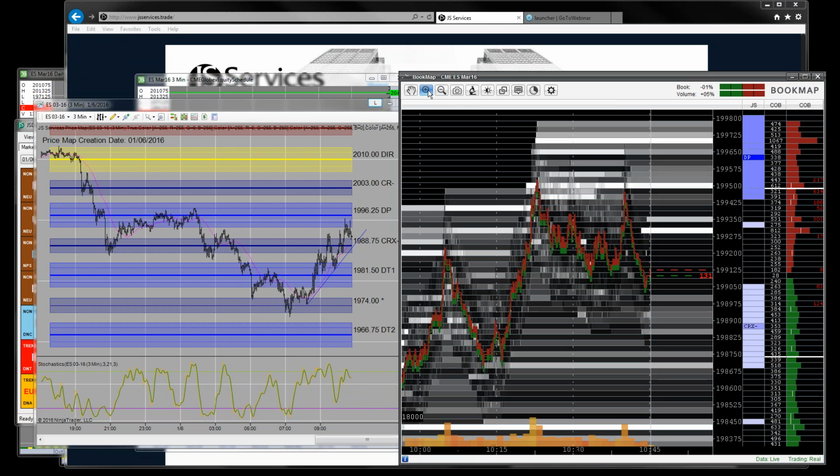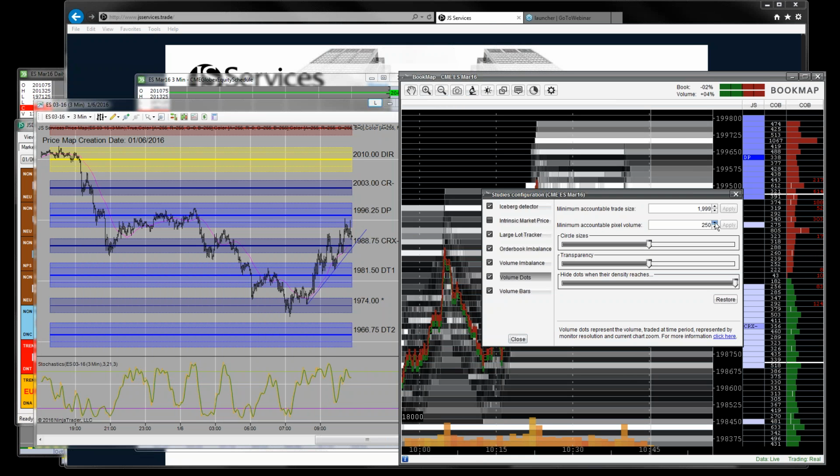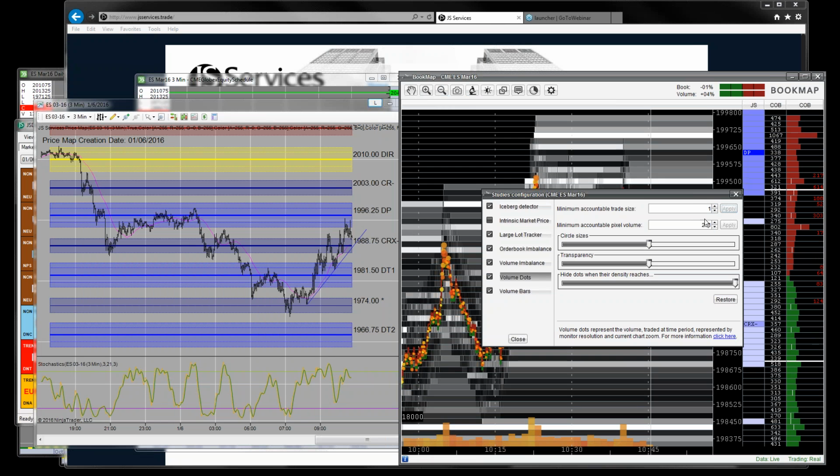Hmm, I'm having a little issue with them today. Yours aren't showing up. Maybe hit restore. Oh, it's because of your minimum accountable trade size up there. That's what it is. Oh, okay. Yeah, put that in at 1, and then maybe try 99 or 999. No, that's it. There you go.